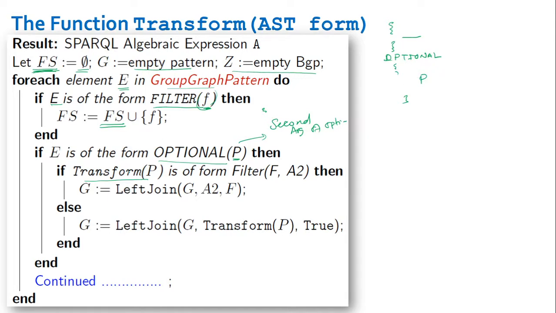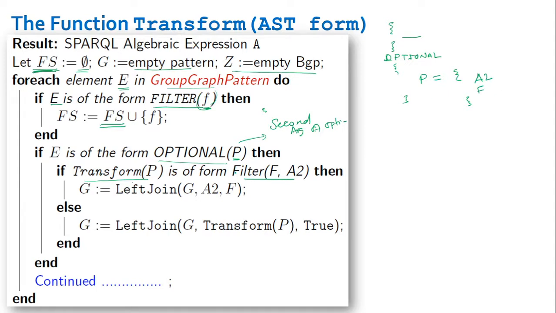So first we transform this P, then if we see this is the form of a filter and A2, what we are really talking about is that this P can be equivalent to a form where we have a graph here in the form of say A2 followed by a filter, right?